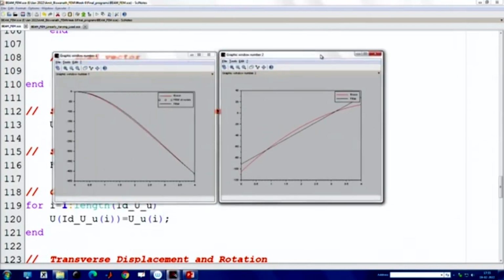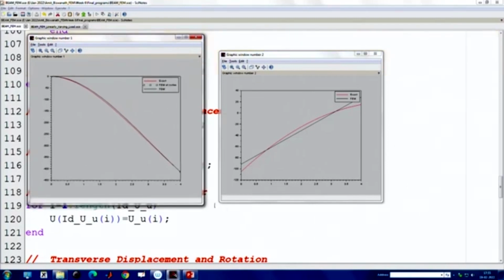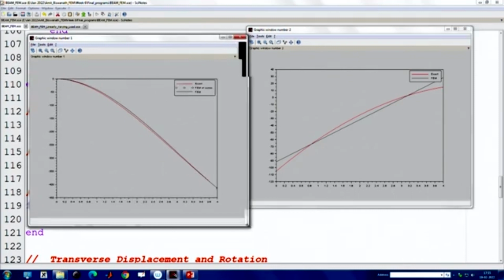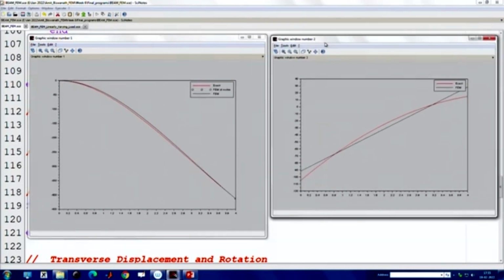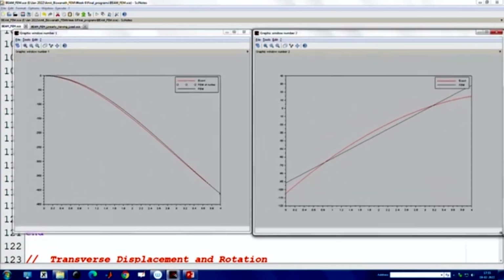Now, first I will make a few changes here and there, and you just observe the change, observe the plot, and then we'll discuss the reason behind all this. Okay, so this plot is for bending moment, and this is for deflection. I don't know whether it is properly visible or not. I hope you can see these plots.